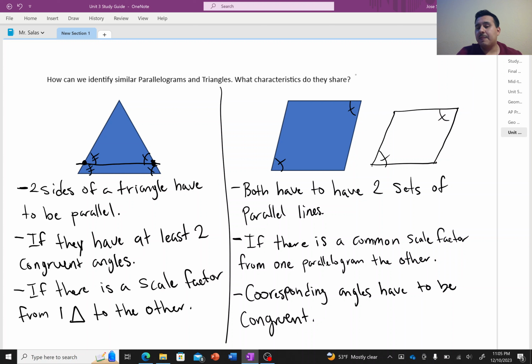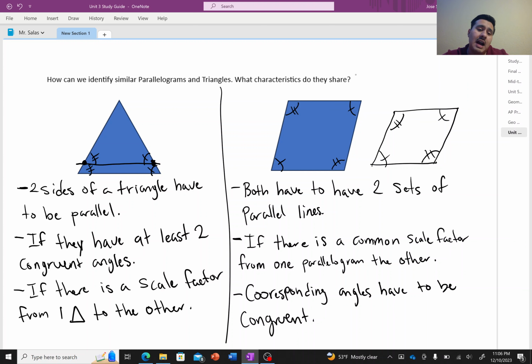But wait, is there another pair of corresponding angles? Yeah, there is. These angles here are corresponding, so if those angles are also congruent, then that means we have a similar parallelogram, okay?